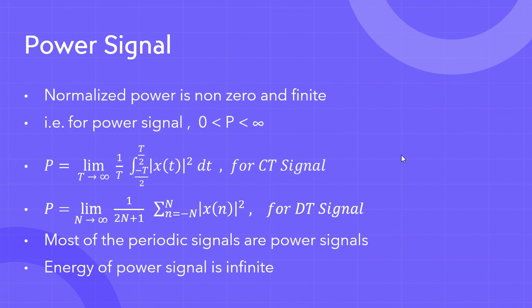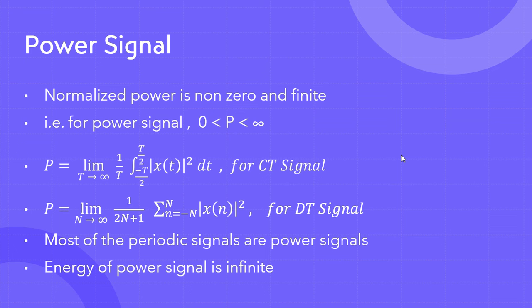For a continuous time signal, it is the limit T tends to infinity of 1 by T, integral from minus T by 2 to T by 2, of the modulus of x(t) squared, integrated with dt.